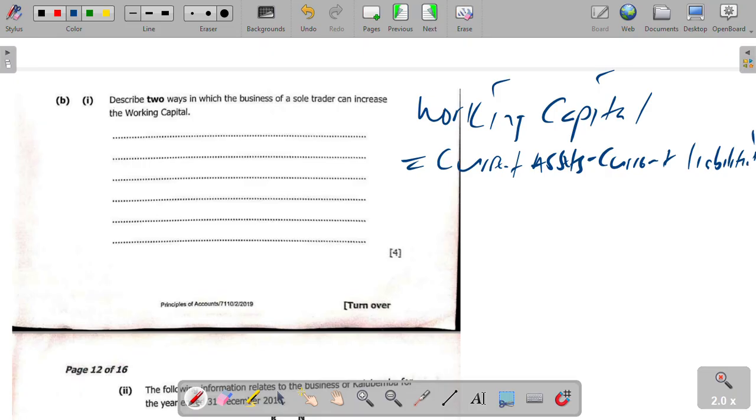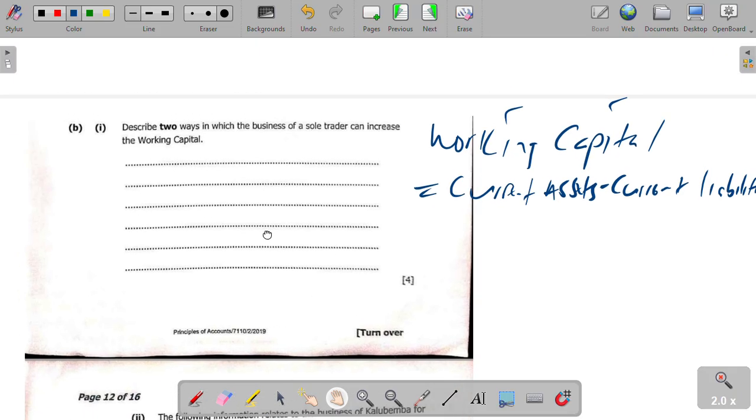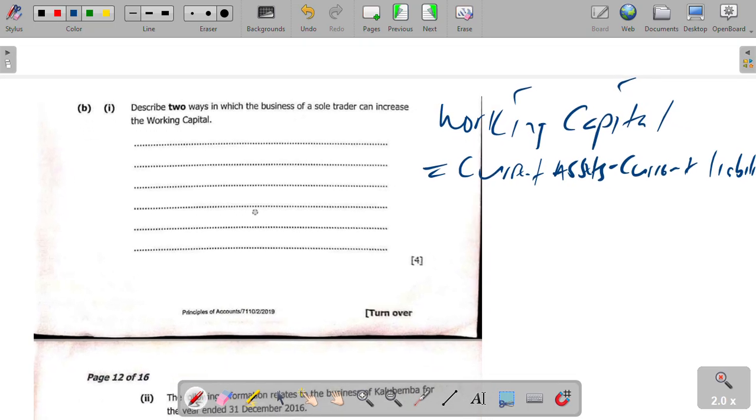The first point that we can raise to increase the working capital of a sole trader, let me just zoom again. I think this is okay. Number one, introduction of additional capital.